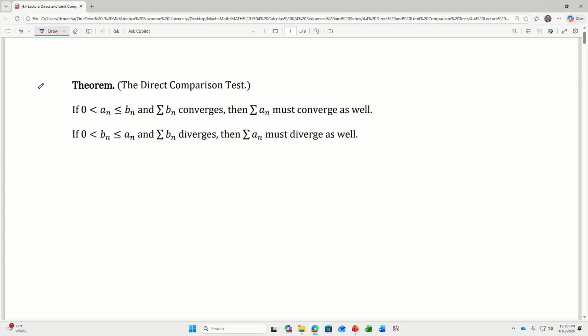Okay, so this is the direct comparison test. It says, what I'm really concerned about is this series that has coefficients an.